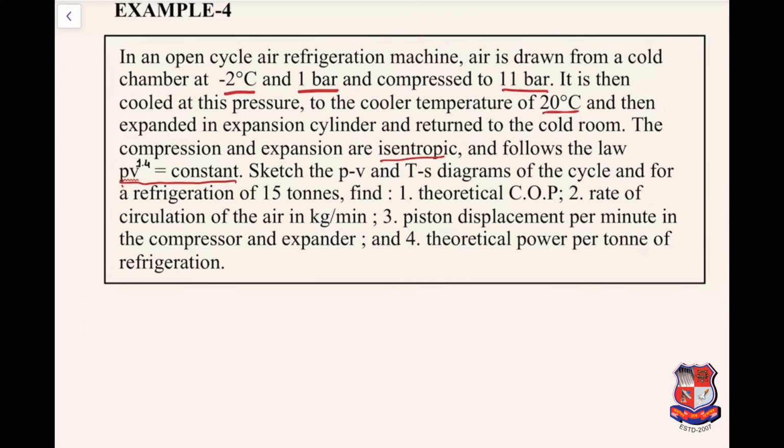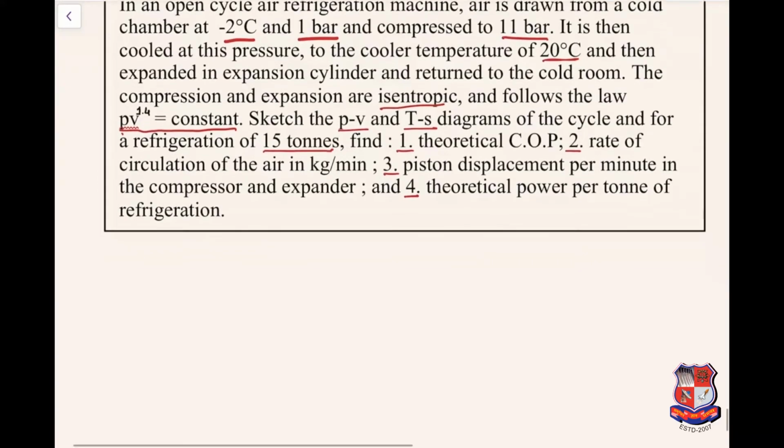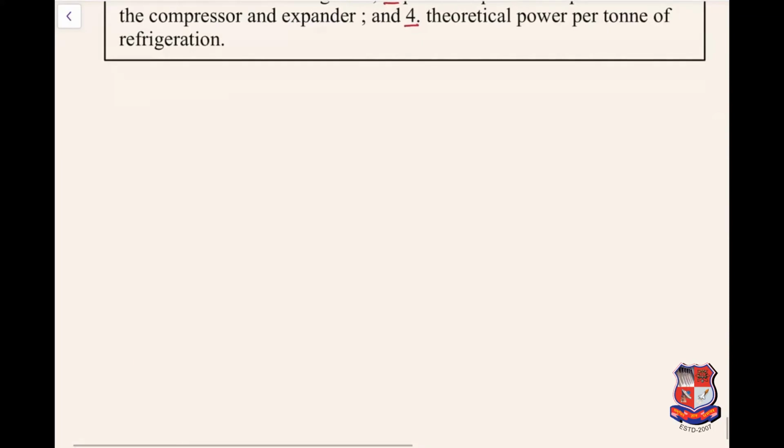They also ask to draw the PV and TS diagram of the cycle, and the capacity is given as 15 tons. So we need to find the COP, the rate of circulation of air in kg per minute, piston displacement, and power.